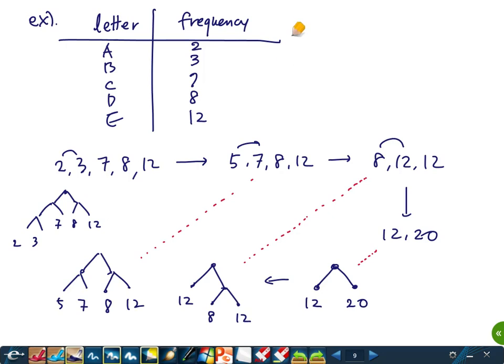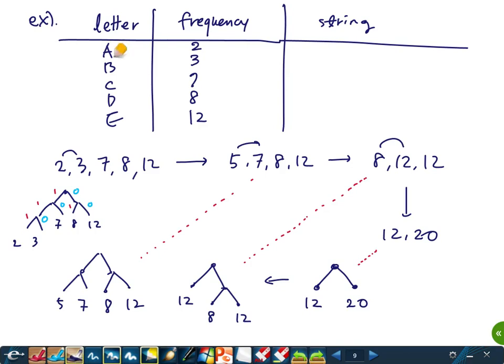So what is the Huffman code then? Letter, maybe I can write over here. It's a string. We assign ones over here, 1, 1, 1, 1, and zeros for the left edges, right?